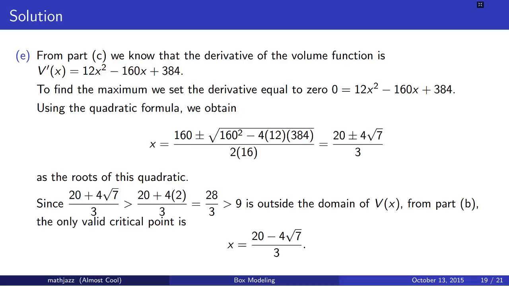We know that this root lies outside the domain of the function, so it is an invalid critical point for this problem. So x equals 20 minus 4 times the square root of 7 over 3 is the only critical point in the interval.